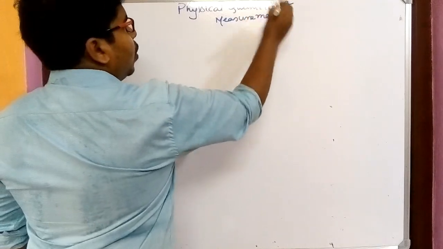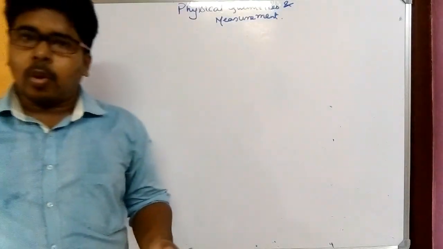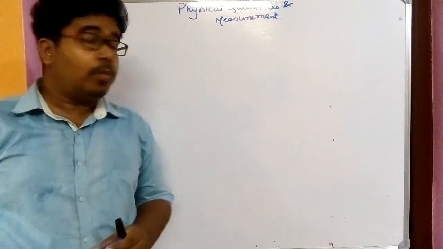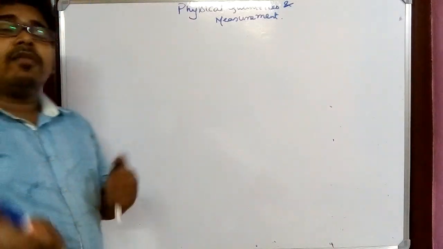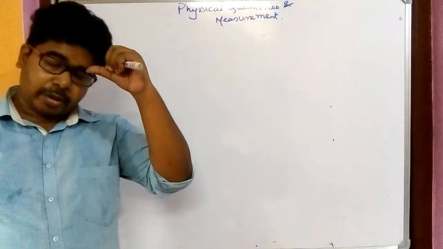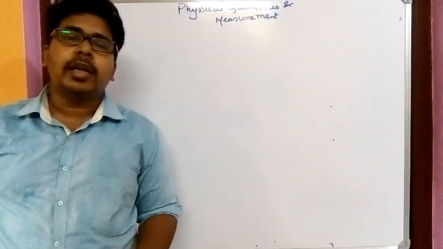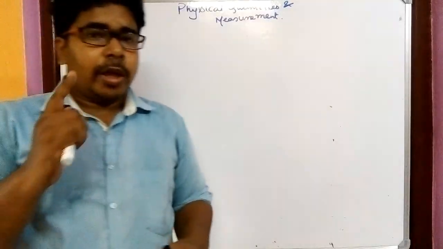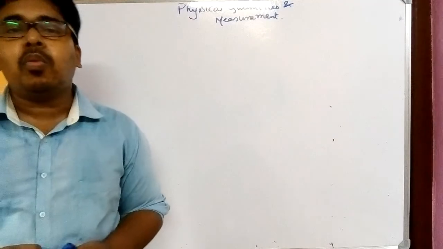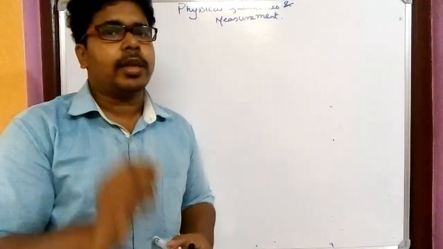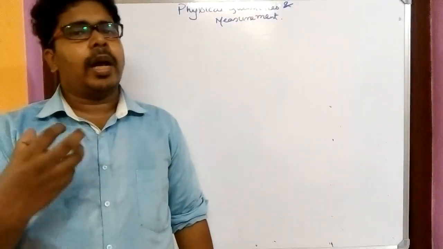Before starting the video, I hope you are all well at home. Let's recap a little bit of what we learned in the previous video: what is a physical quantity.